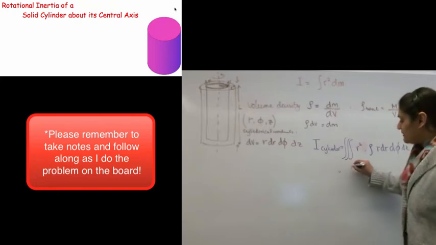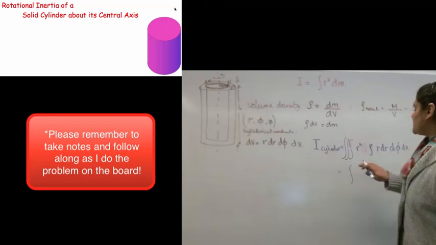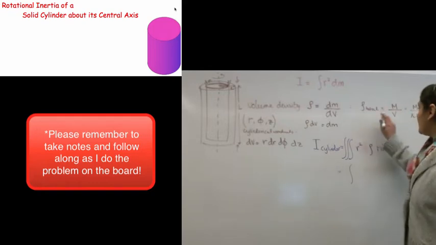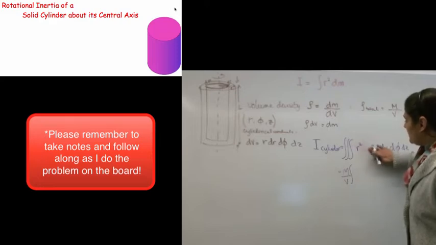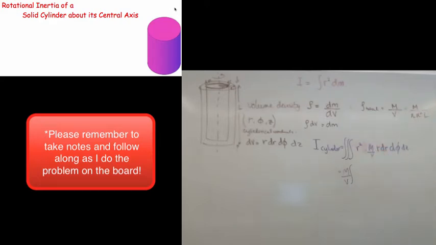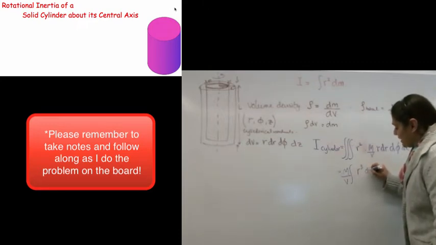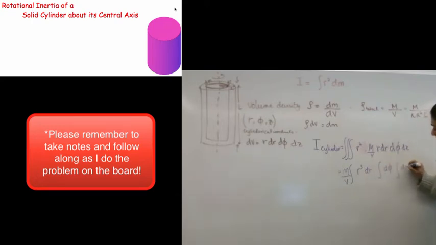First of all, I'm going to take my rho total out, which is going to be m over V. Instead of rewriting this as rho, I'm just going to call it m over V because that makes my life easier. And my integration is going to be r cubed dr. My next integration is going to be over d phi, and the last is going to be over dz.